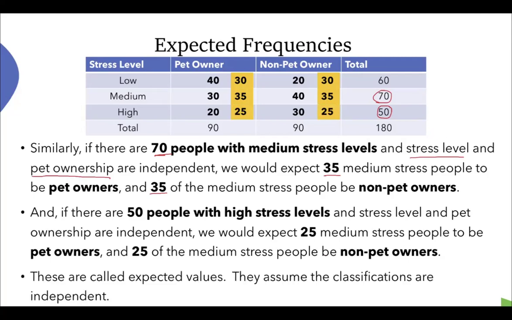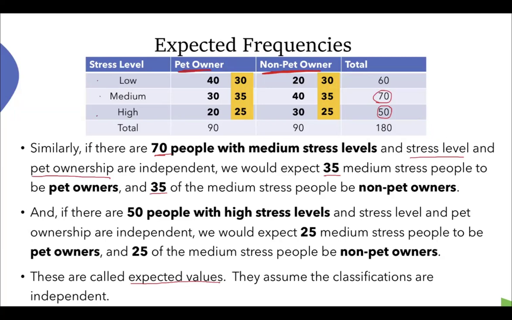Those numbers are special. They are called expected values. When we calculate expected values, we are assuming that the classifications are independent. So assuming no relationship at all, we'd have the same number of pet owners and non-pet owners in each of these categories.